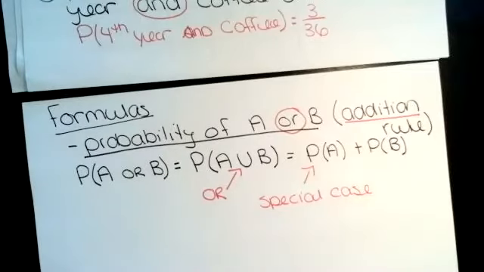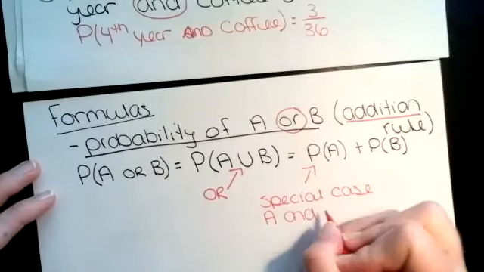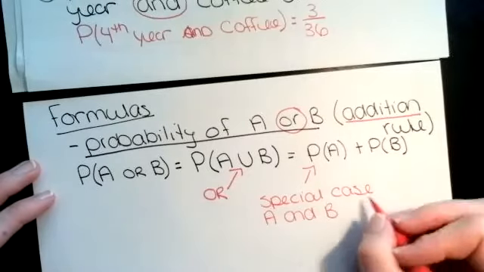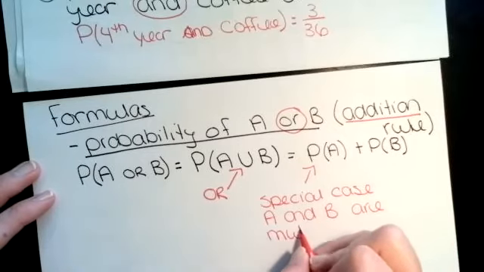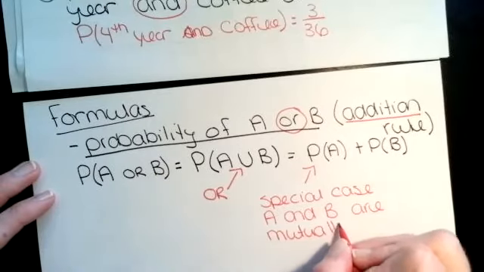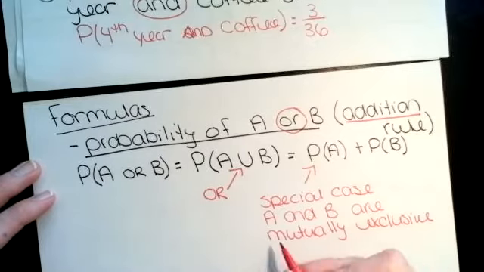The special case requires A and B to be mutually exclusive. And what that means is there's no overlap.